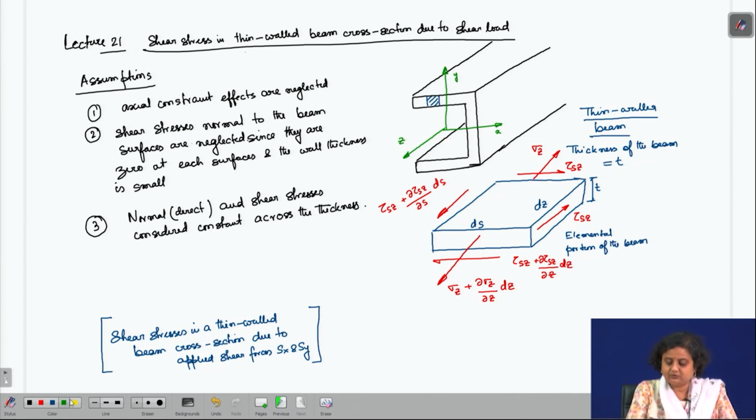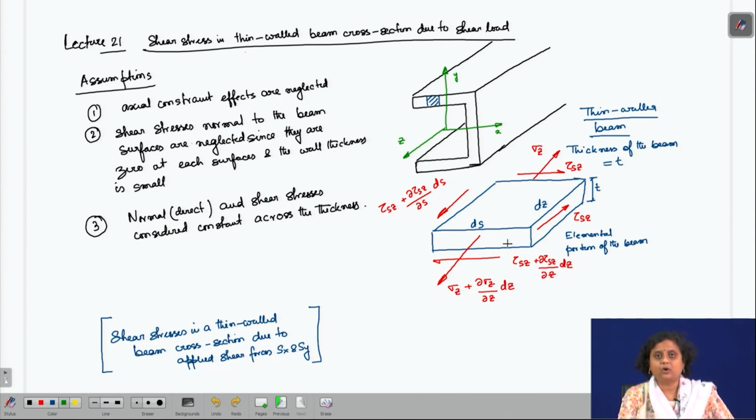There should have been a stress in this direction as well, but as discussed in the assumptions, these stresses are neglected. So one component of the shear stress in each plane is neglected, and this is the only stress we have considered.